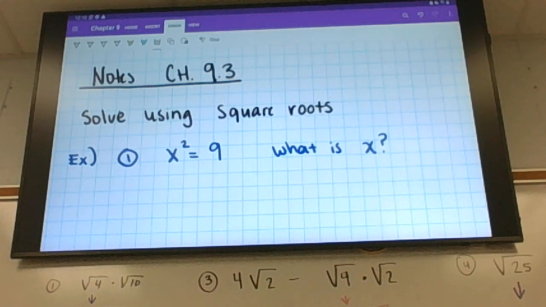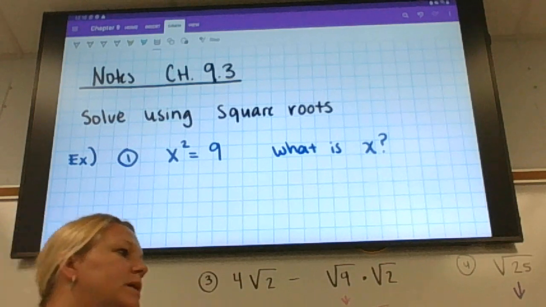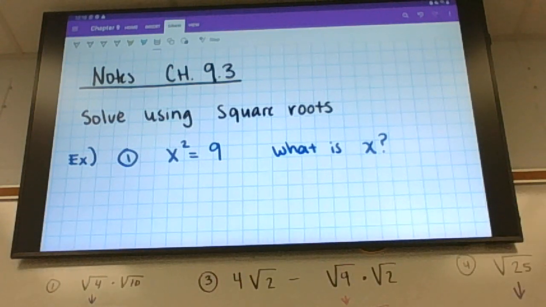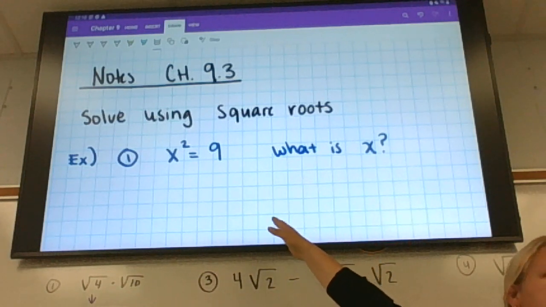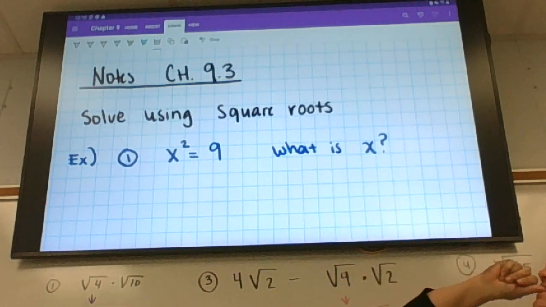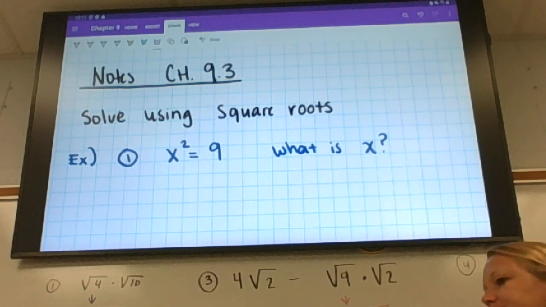Remember the window and we would multiply it out? Remember the factoring where we said what multiplies to the last number and adds to the middle number? We're still in that. We just took a little break to talk about square roots, to solve these quadratics. So, I encourage you to read chapter 9.3 and look at the examples on your own.